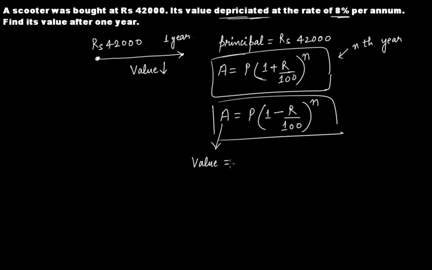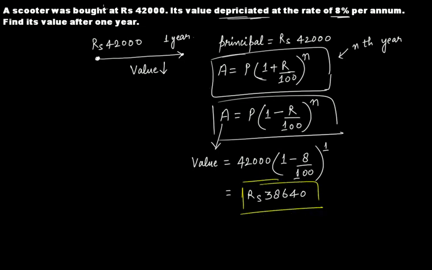Take the principal amount as 42,000, R is 8%, n is 1. If you solve it, you'll get rupees 38,640. So after 1 year, the value of your scooter will decrease at this rate and reach this price.